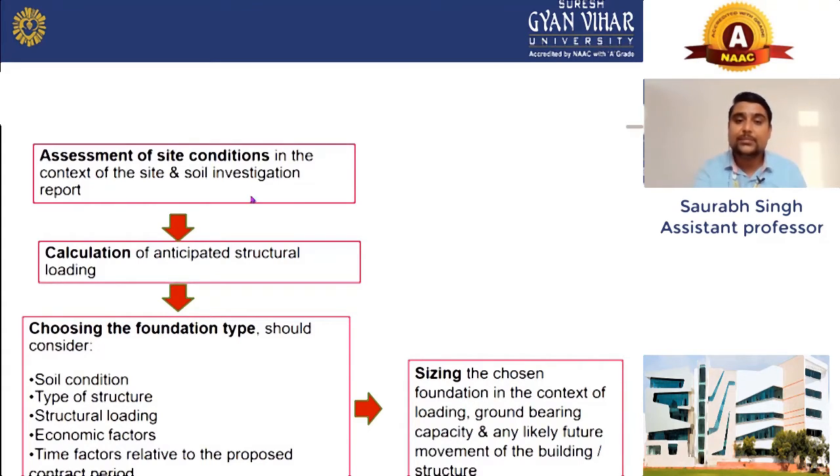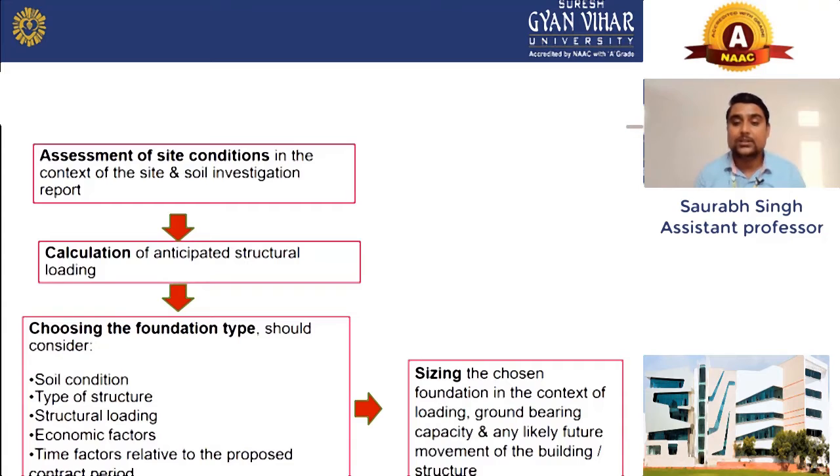It will depend on the assessment of site condition, and it will also depend on the calculation of structural loading, and on these factors given here: soil condition, type of structure, structural loading, economic factor, time factor related to the proposed contract period, and construction problems will also be considered.